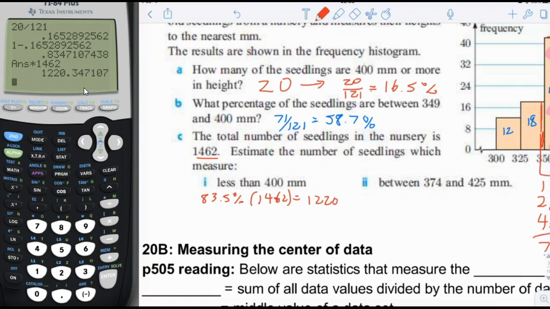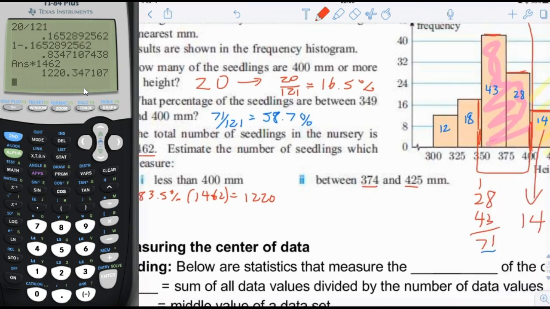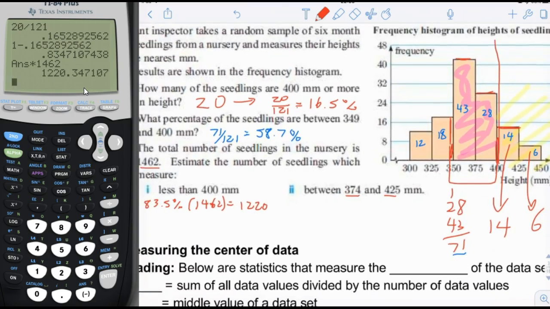Okay, what about seedlings that measure between 374 and 425? So 374 and 425 would be from here to here.